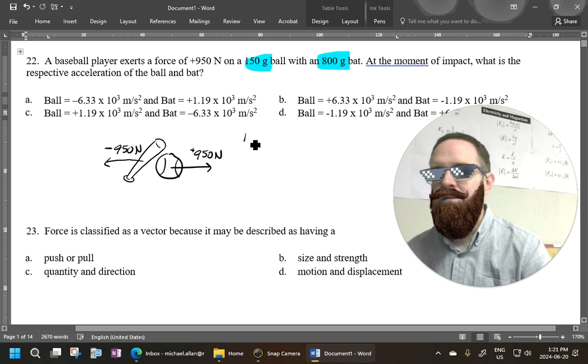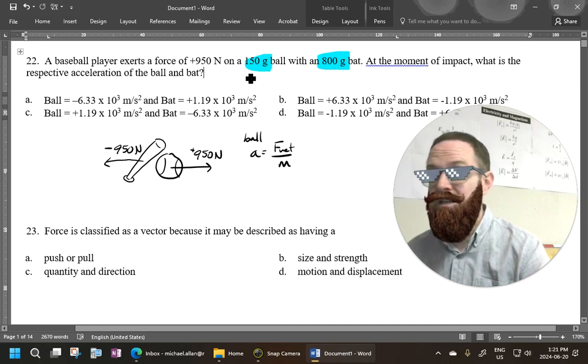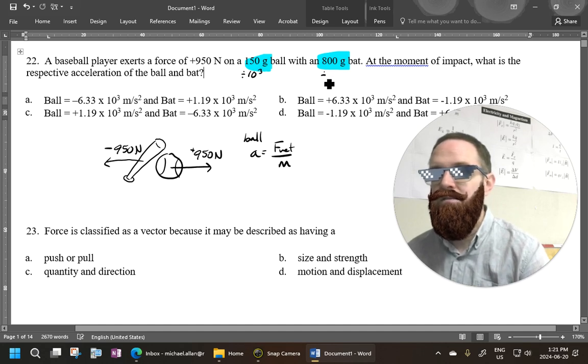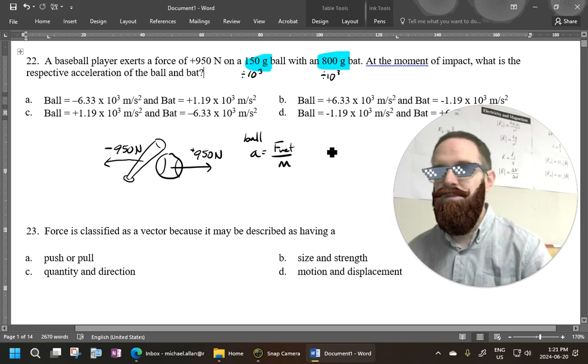Okay, so if I did it for the ball, I'm going to have a is equal to F net divided by m. You got to make sure to change these here. So we're going to change them to kilograms. I'm going to divide them by 1,000 because that's what a kilo is. Divide by 10 to the 3 each, which moves the decimal place over 3 spots.